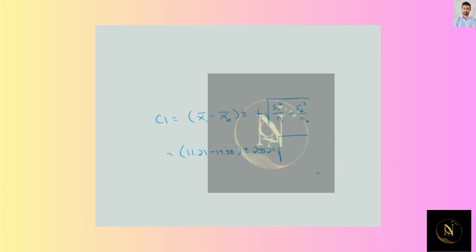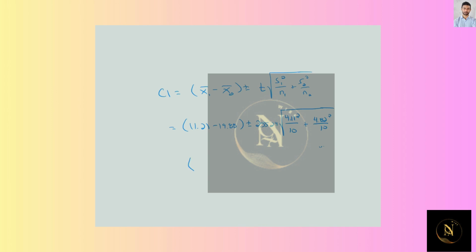And we'll multiply that by the square root of the standard deviation from the first sample squared over the sample size plus the standard deviation from the second sample squared over its sample size.